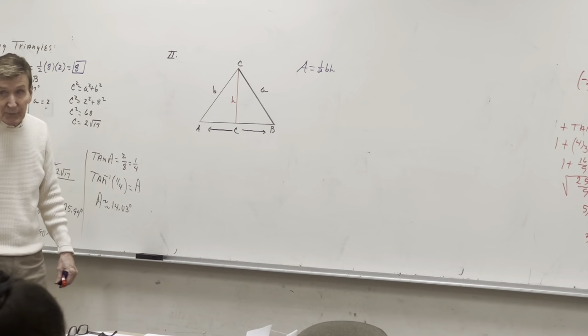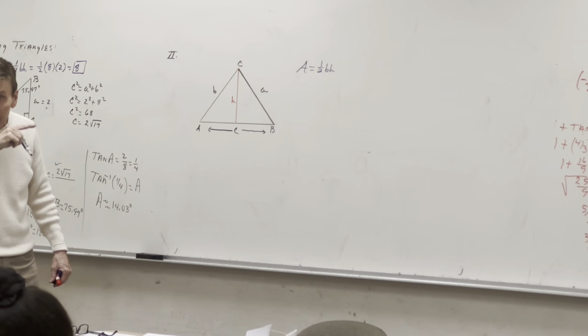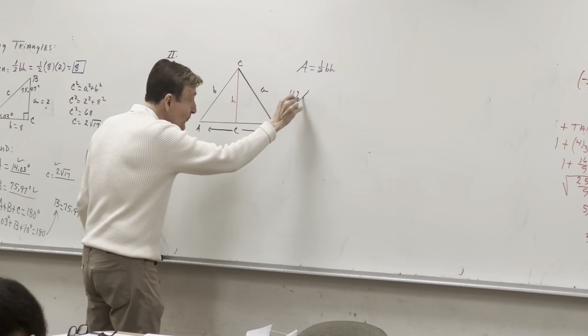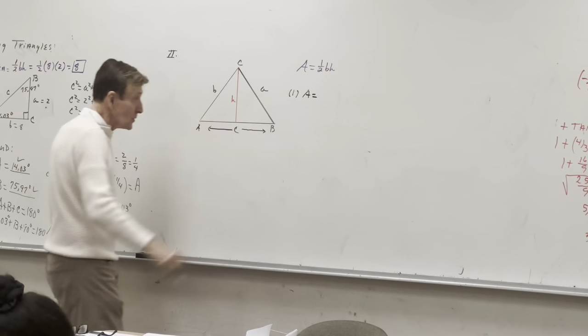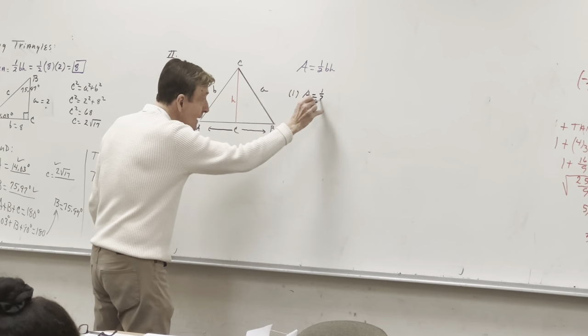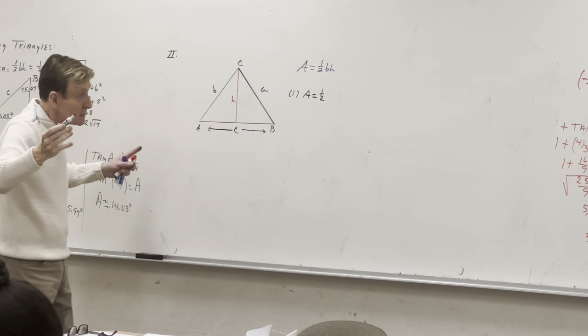Can anyone tell me, if I'm going to use that standard high school area formula for a triangle, what would it look like expressed right now for this triangle? 1/2 base times H. Well, what's the base? B represents base?